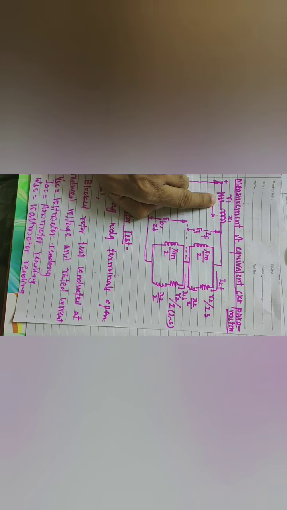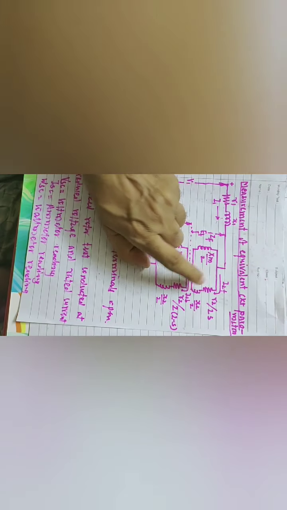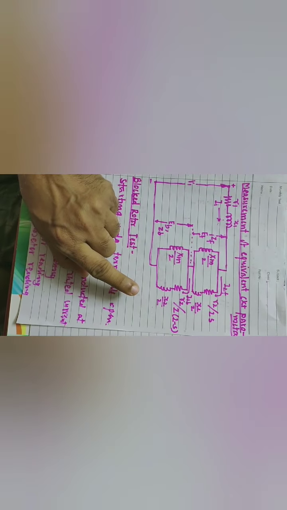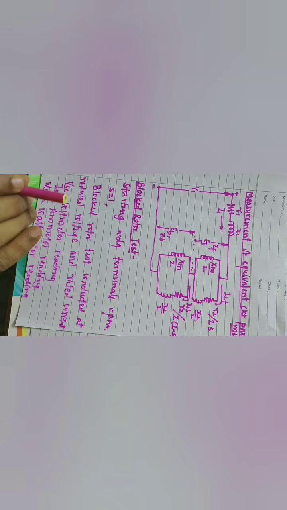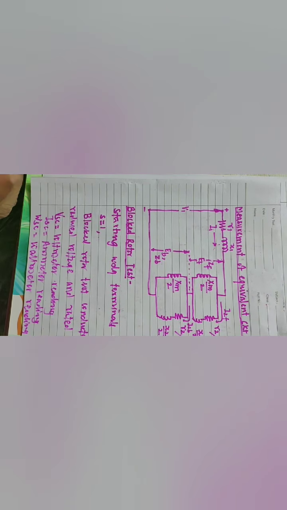R1 is determined from the stator resistance test, X1 is determined from the block rotor test, XM by 2, that is XM, is determined from the no load test, and R2, X2 are determined from the block rotor test. In this way all the equivalent circuit parameters are determined from the 3 tests. Then from this we can determine the performance of the induction motor. Thank you.